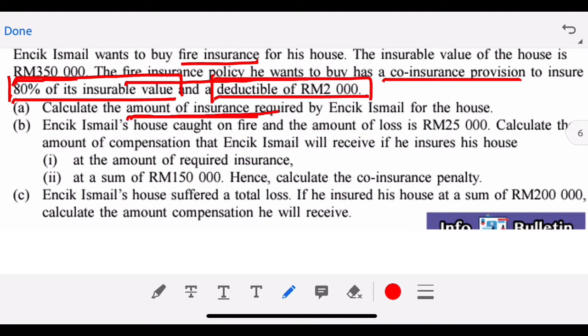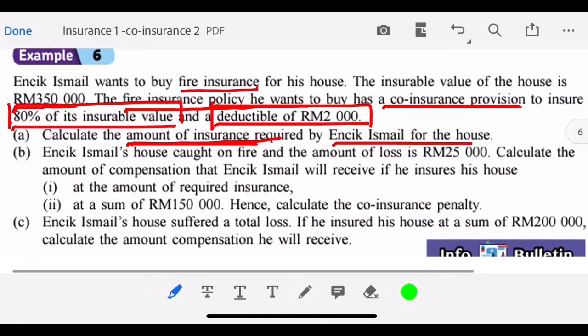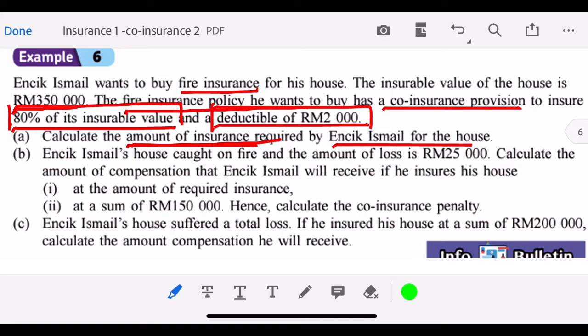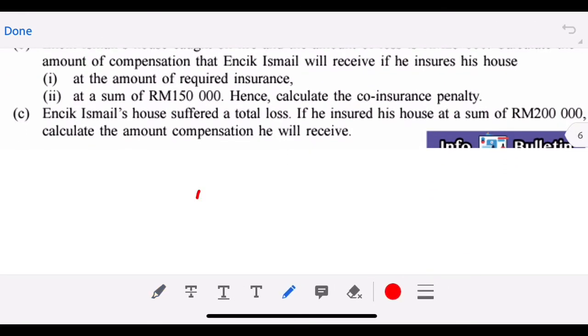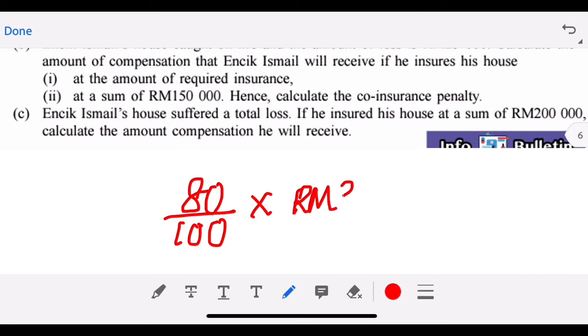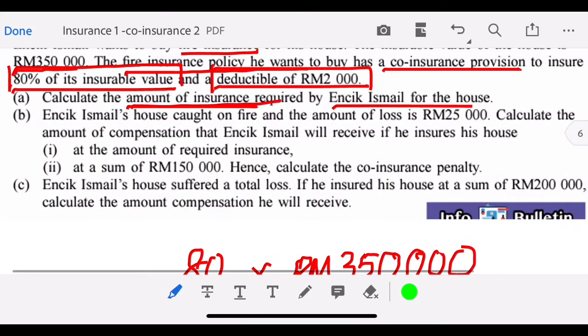So let's see how to calculate the amount of insurance that Inche Ismail needs for his house. It is 80% of the insurable value, based on the percentage: 80% times the house value of 350,000.